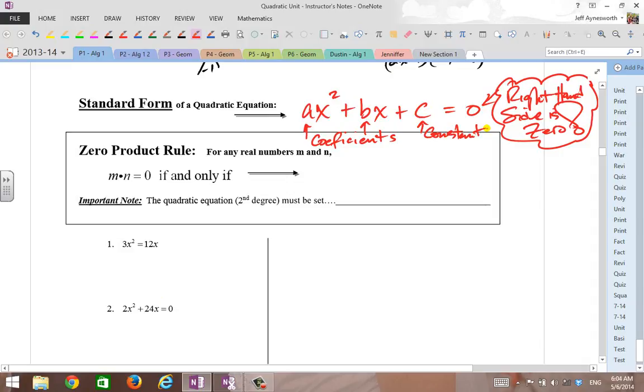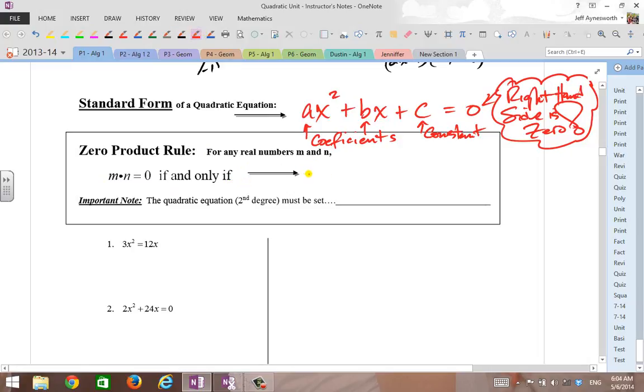So, how do we solve these quadratic equations by factoring? Well, what we need is what's called the zero product rule. And it states that for any real numbers m and n, if you have a product equal to 0, m times n, something times something equals 0, this is true if and only if one of them is equal to 0.